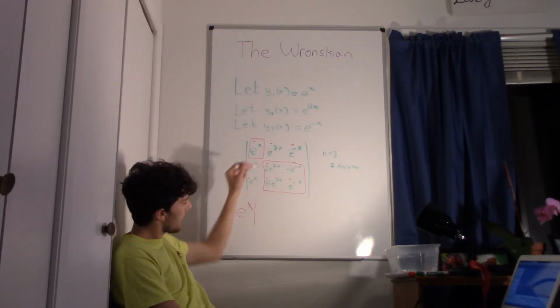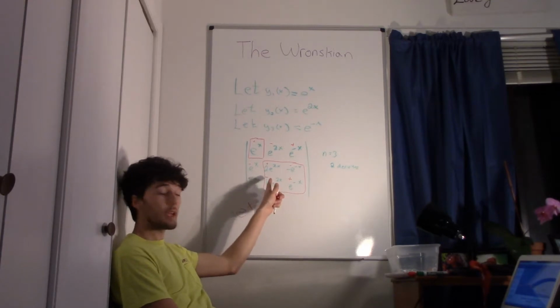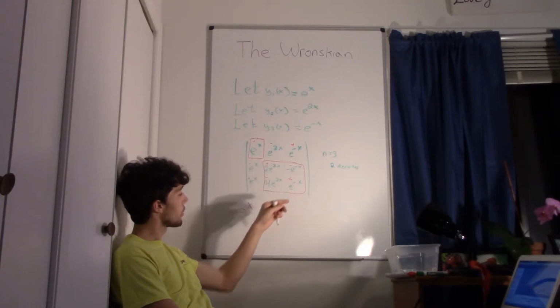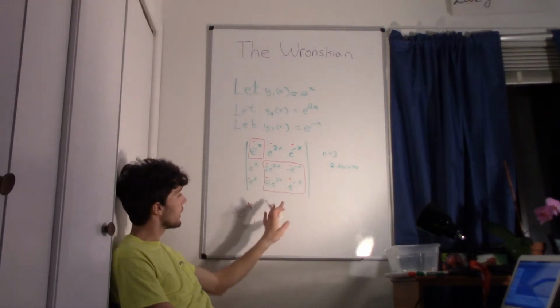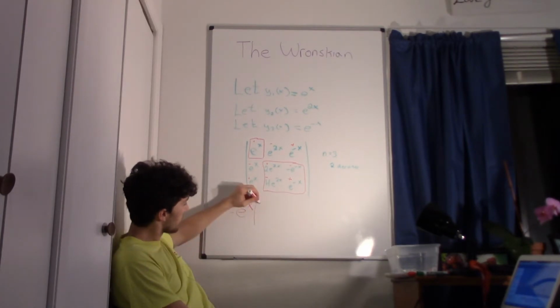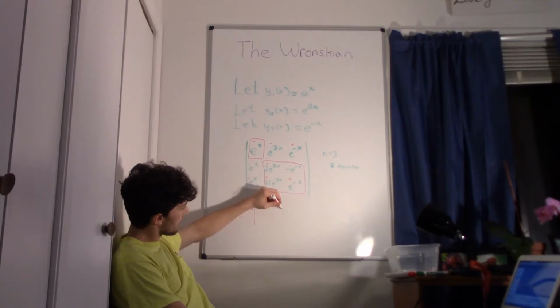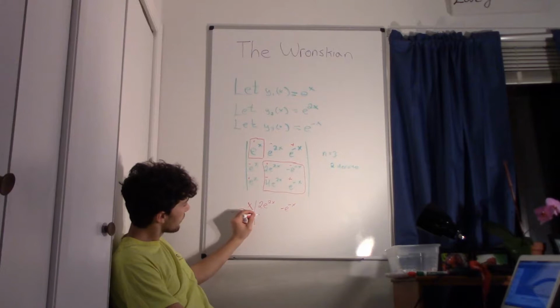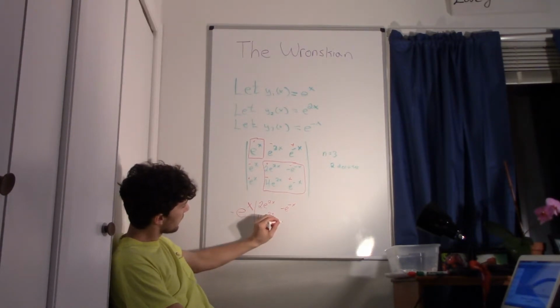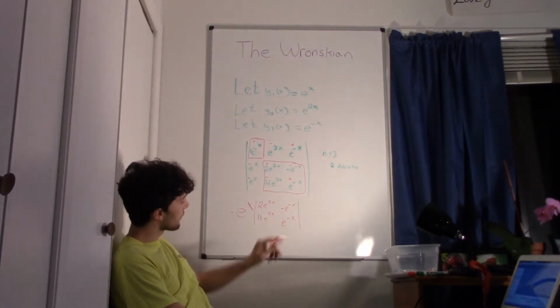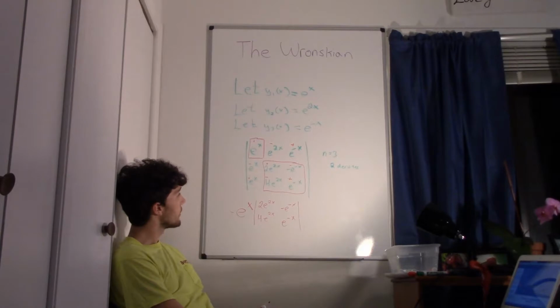And we're not looking at the positive and negative signs I wrote in red anymore. We don't care about that when we write this 2 by 2 matrix. So we will end up having 2e to the 2x and then negative e to the negative x. And then same for down here, we will have 4e to the 2x and e to the negative x. And then that's our first part of this process.